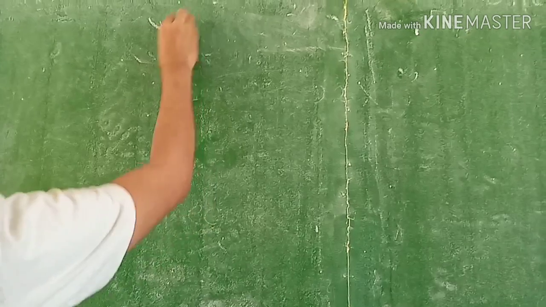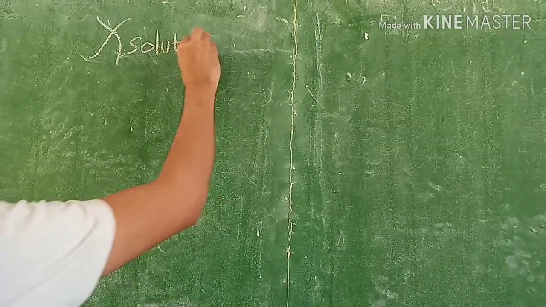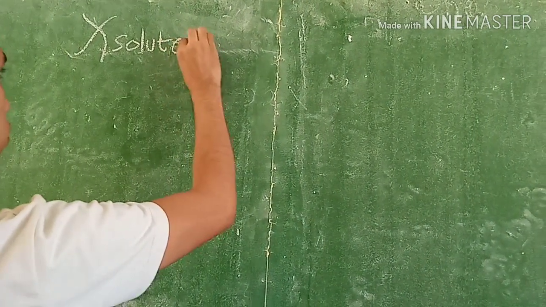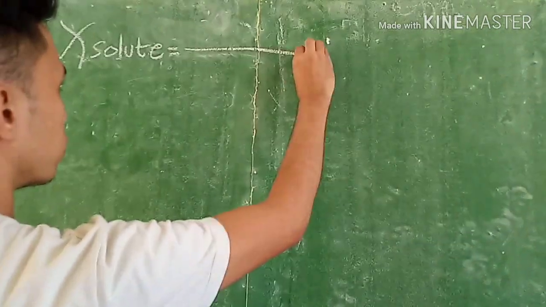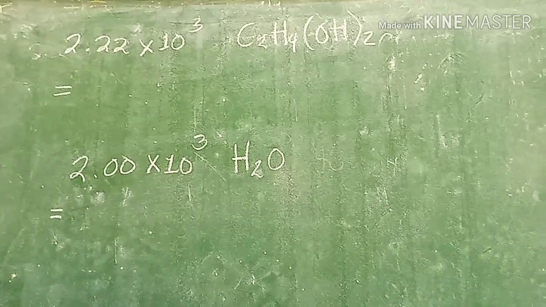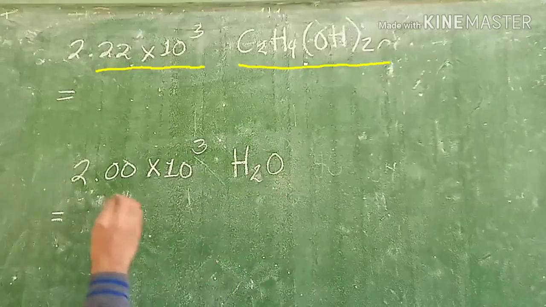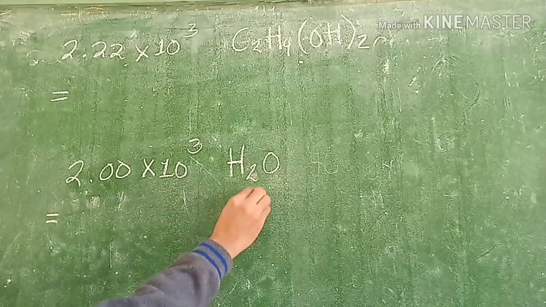So the formula of the mole fraction is: mole fraction of solute is equal to mole solute over mole solute plus mole solvent. But before that, we need to extract the grams of solute of ethylene glycol and the grams of solvent of H2O.